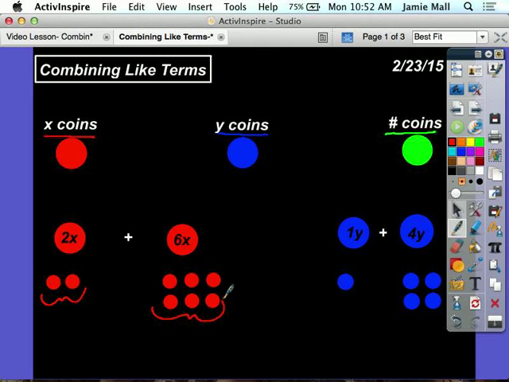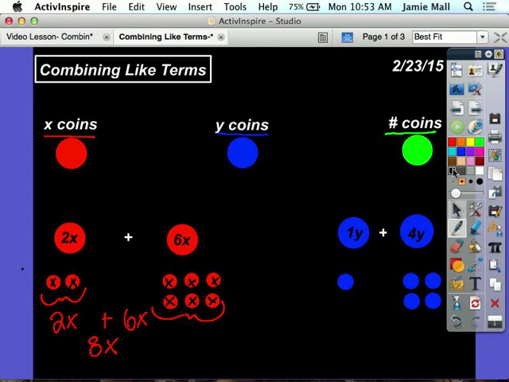When we added X coins together, we were taking 2X, which really means an X and an X, and 6X, which really means X, X, X, X, X, and X, using what we know about simplifying expressions to combine two terms that have the same variable into one term, or one coin. The same thing happened as we combined our y values.